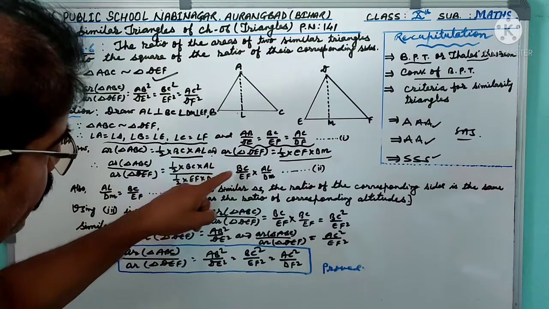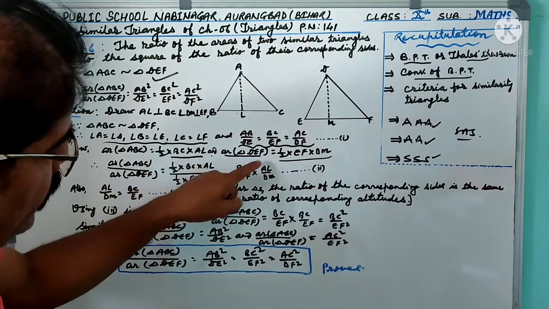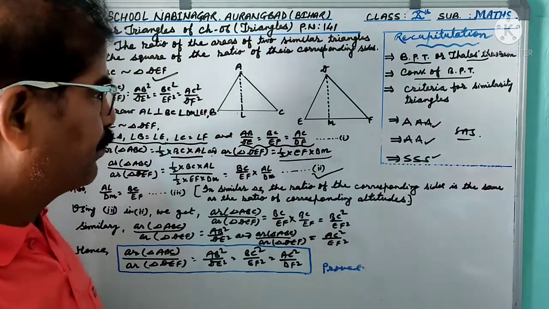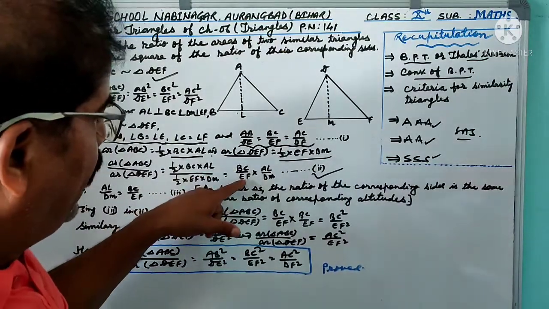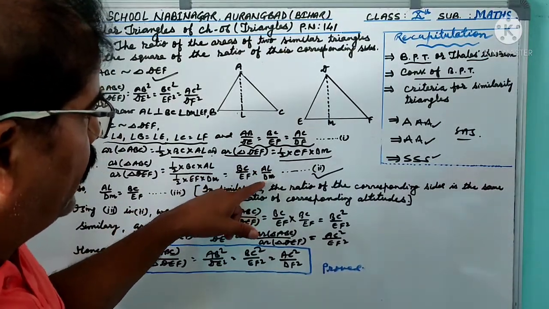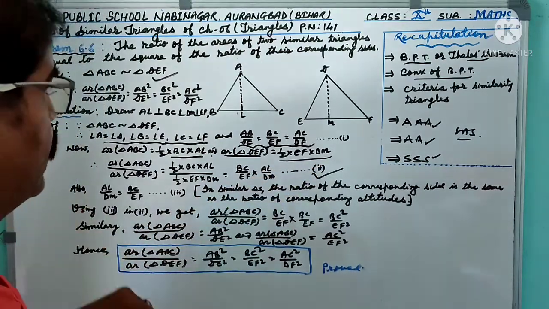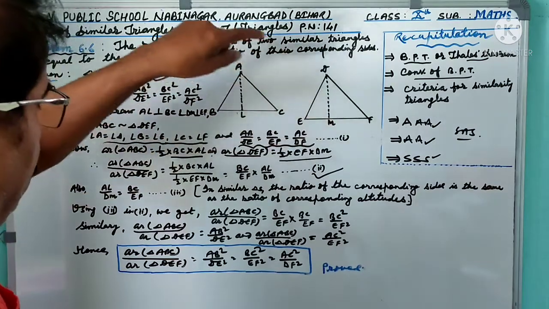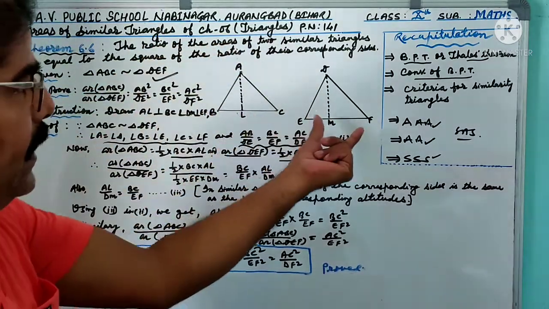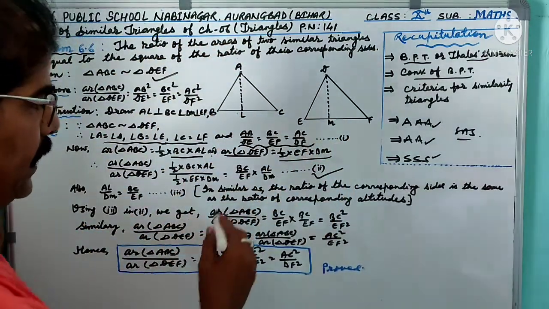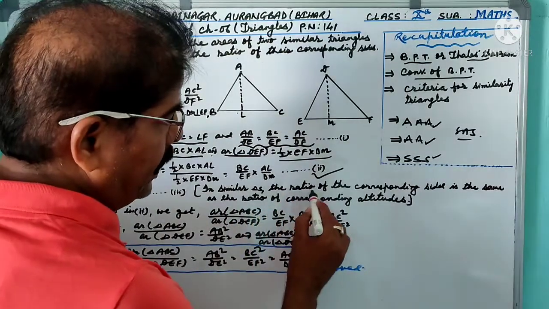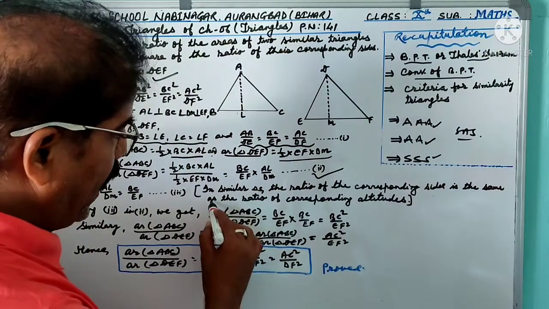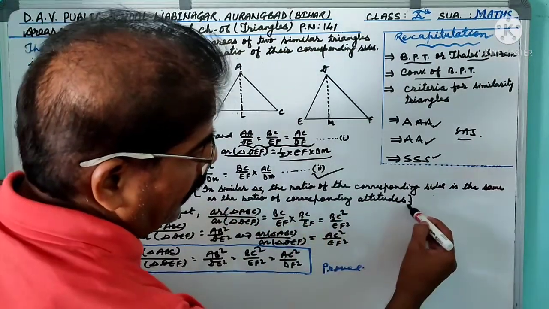So BC by EF into AL by DM. Equation 2. Dear students, AL by DM equals BC by EF, because in similar triangles the ratio of the corresponding sides is the same as the ratio of the corresponding altitudes.